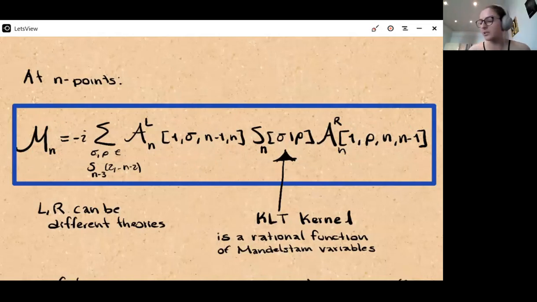what the particle content is. So we'll see examples explicitly of what this KLT kernel is later, but basically what it does is compensate exactly in the right way to give you the correct poles and residues that you want for a spin 2 particle by multiplying two spin 1 particle amplitudes.